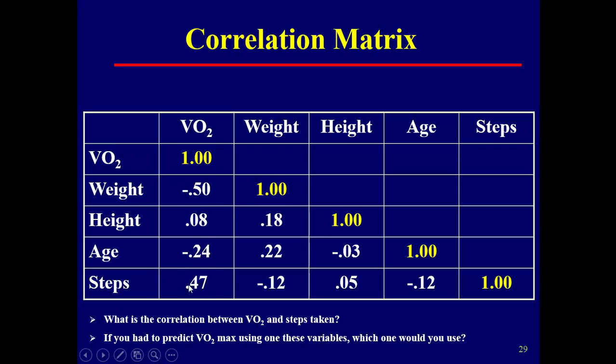While this is high, this is actually a stronger correlation, so that we see that we could actually predict VO2 max with a stronger correlation, less error, dots that are closer to the line of best fit if we use body weight as the predictor. So if we had to predict VO2 max using one of these variables, the variable that I would use would be body weight.